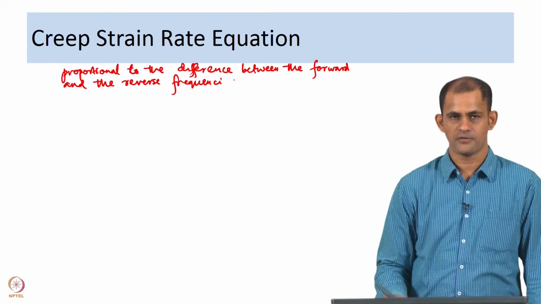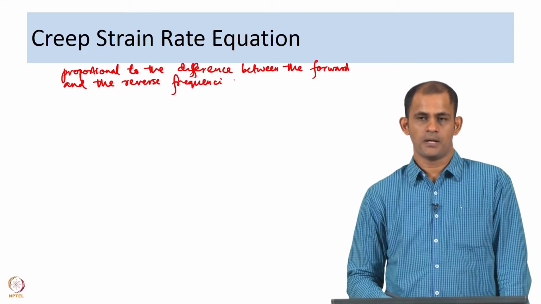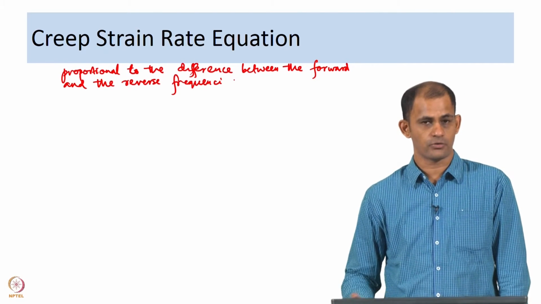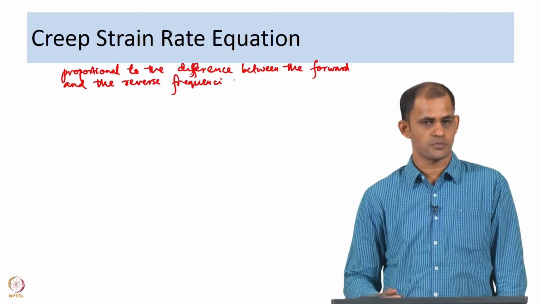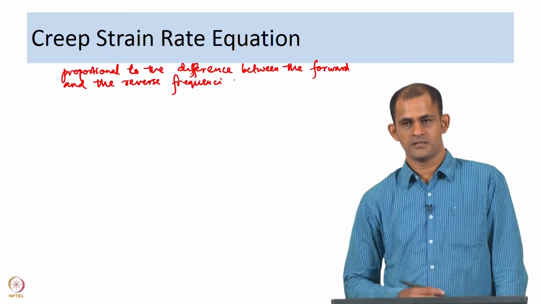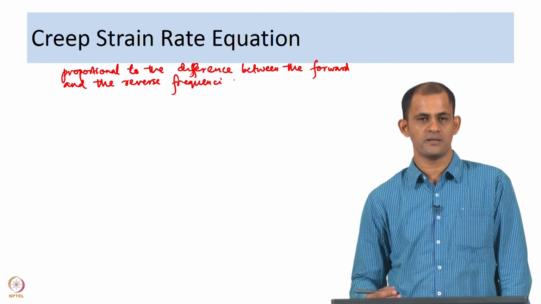We are talking about thermal fluctuations, which we said are kind of random. The dislocation could go from A to C or it could come back from C to A, both are possible, but when you have a stress present, the motion of the dislocation is going to be in the direction of stress.